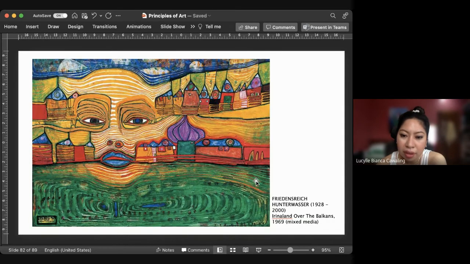This is mixed media entitled Arena Land Over the Balkans. If you can see how the pattern can make an interesting artwork as well.